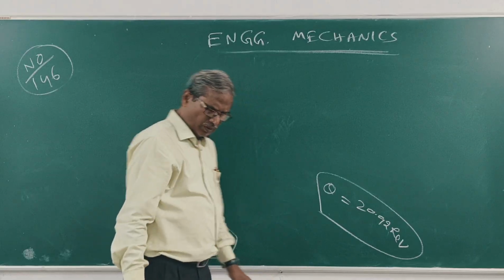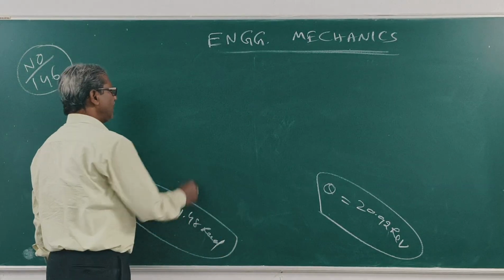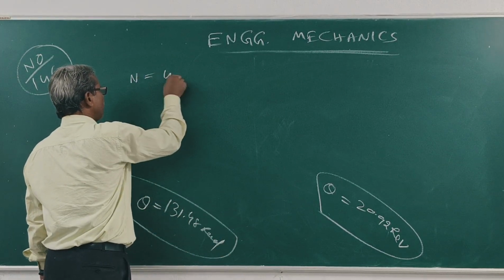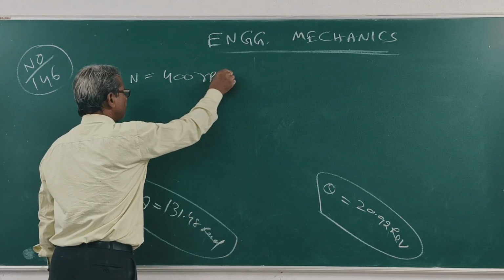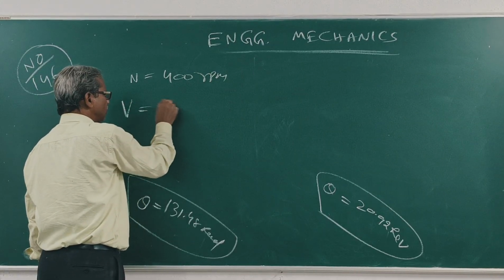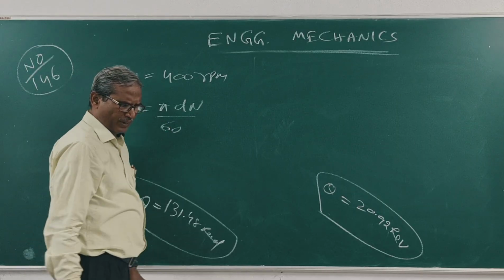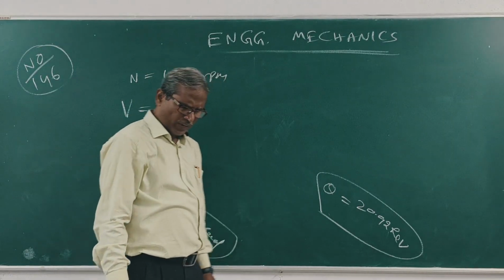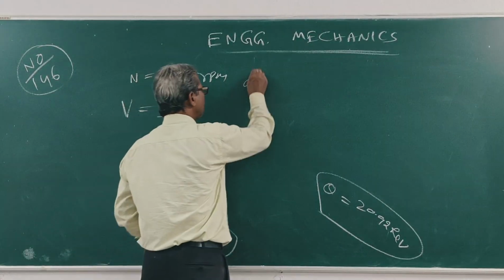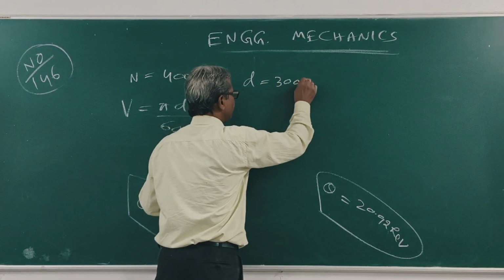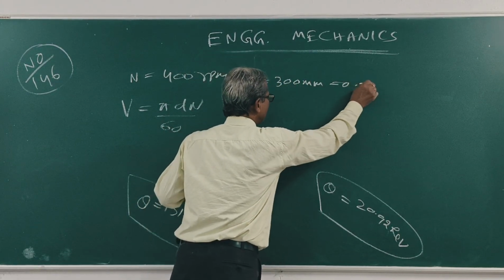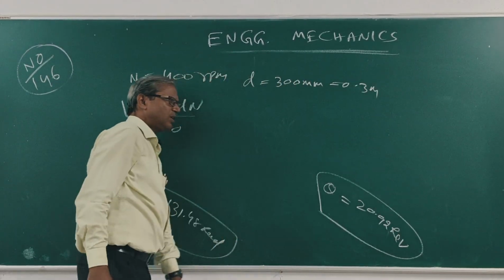Now, n is equal to 400 rpm. What is v equal to? v is equal to pi d n by 60. What is d equal to? 300 mm, which means 0.3 meter, the diameter of the pulley.